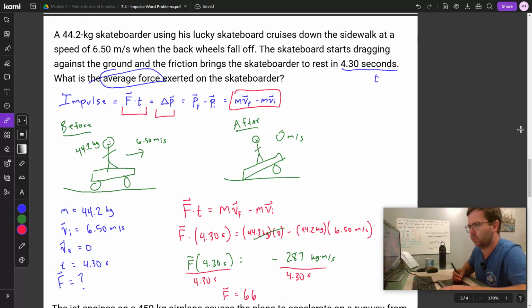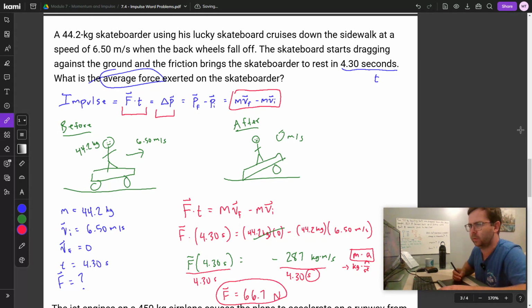I know it's newtons because it's force, but just to be really clear about it, we have kilograms times meters per second divided by seconds. That would give us units of kilograms times meters per second squared, because we're dividing by seconds twice because of this one down here. So this is a mass times acceleration, and mass times acceleration is force, F equals ma. So this is newtons for the force.